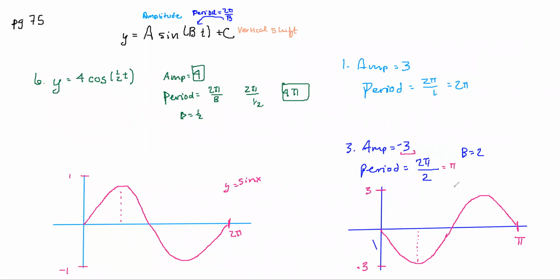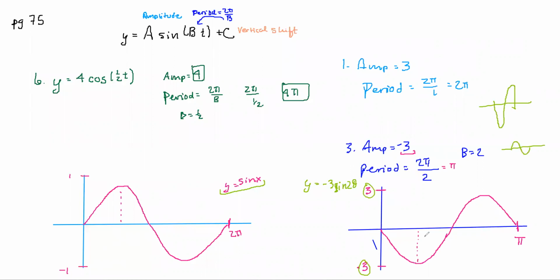So that is how they relate to one another. In moving from the generic y equals sine x to y equals negative 3 sine 2 theta, our amplitude has gotten taller. So these numbers are larger. I didn't draw it to scale, but it would look more like this in comparison to this other one, which looks like that.